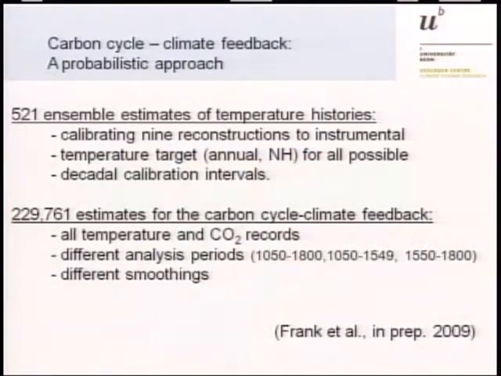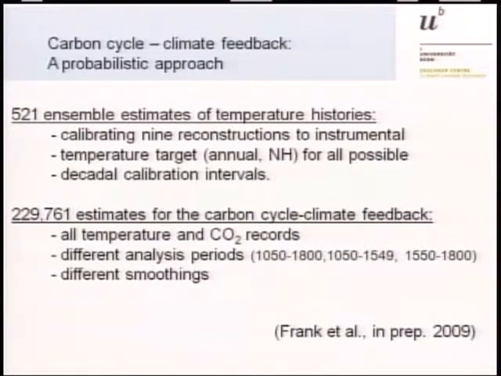So the goal going forward is to avoid too subjective a judgment, and this was done here by David Frank at Birmensdorf at the Institute for Forestry Research.